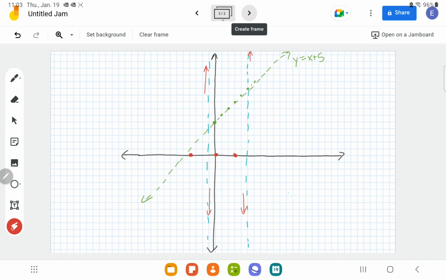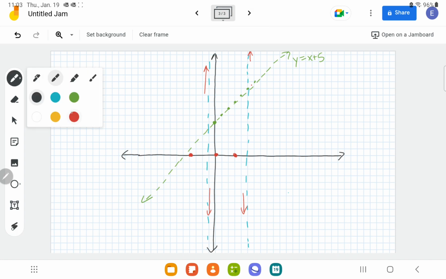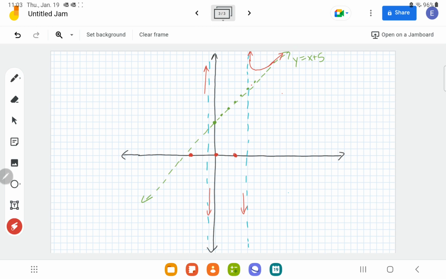So I'm going to go out here and say, as I go close to positive infinity, it's going to approach from above up there. So this is going to kind of go like that.